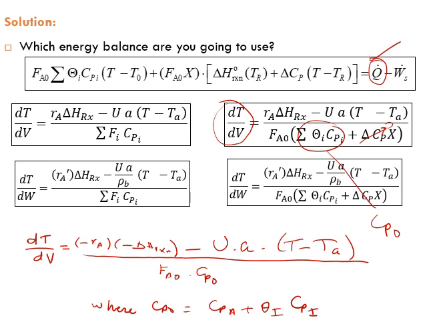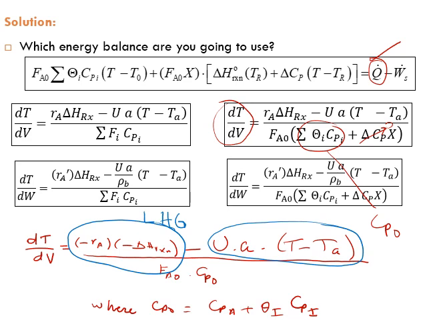Where this term is the localized heat generated, because we have an exothermic reaction, and this term is the localized heat removed, and this is the heat capacity of the reaction mixture.